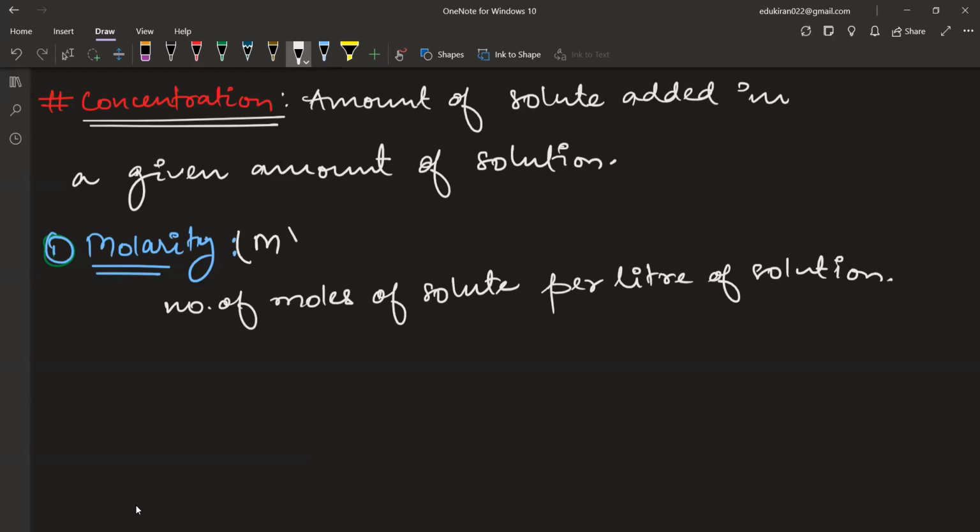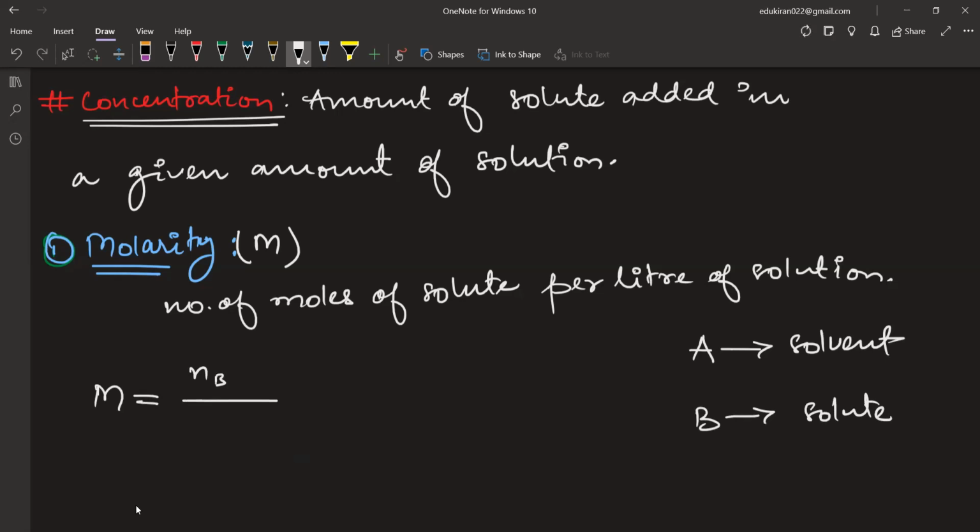Molarity is represented by capital letter M. So molarity will be equal to the number of moles. Now, one thing I forgot to add here is I always represent A as solvent and B as solute. So for molarity, I will write number of moles of B, that means solute, divided by volume of solution in liters.